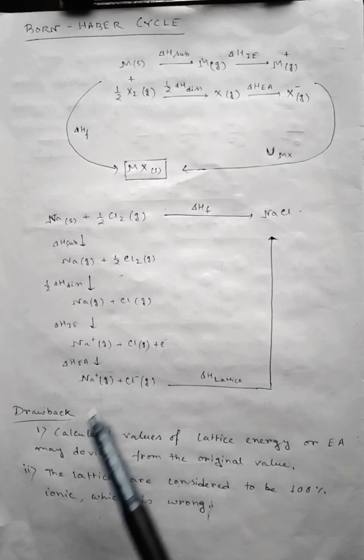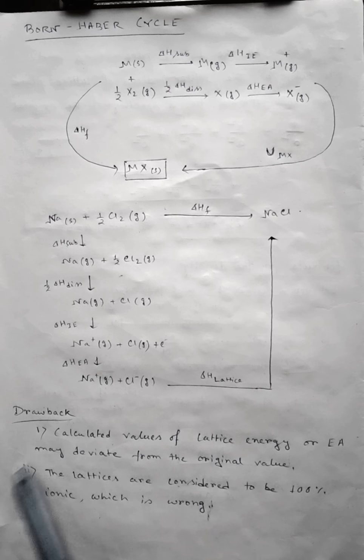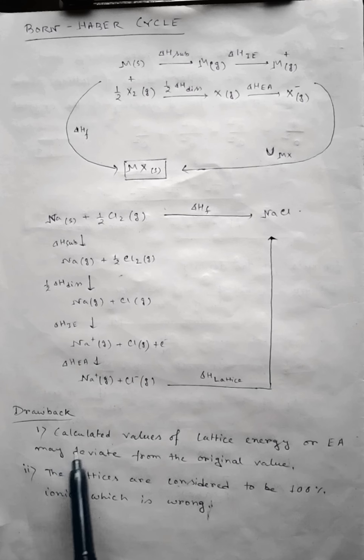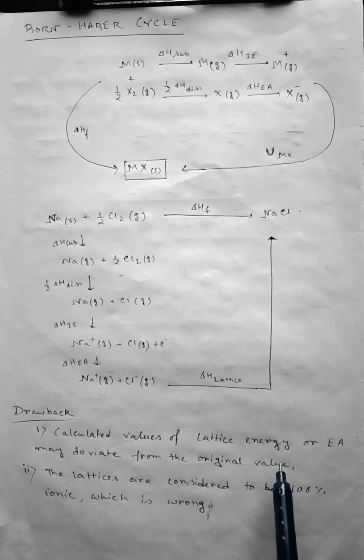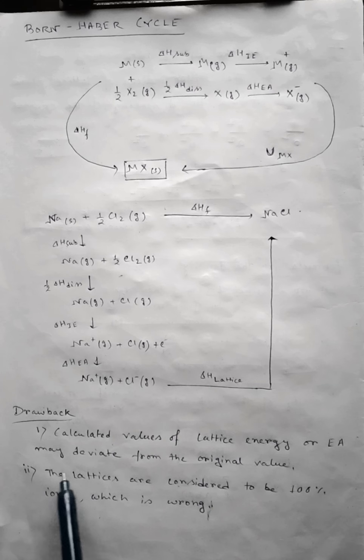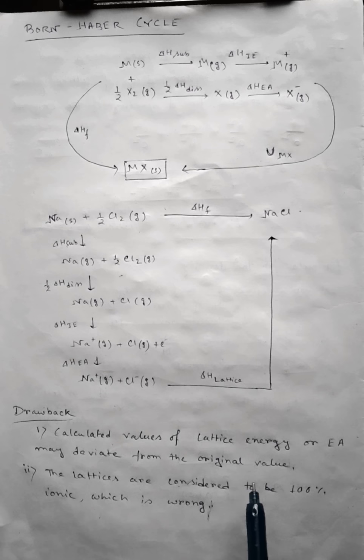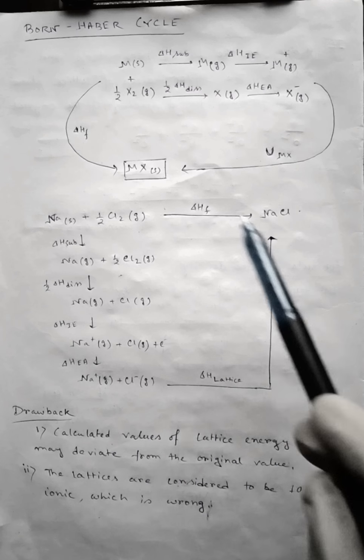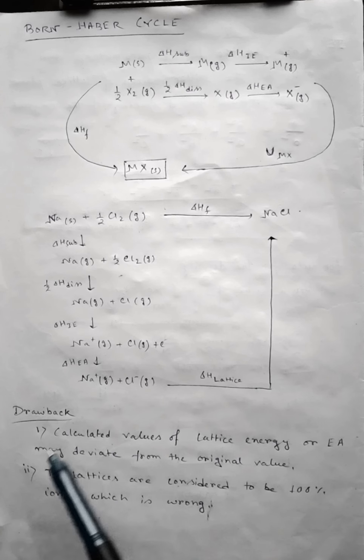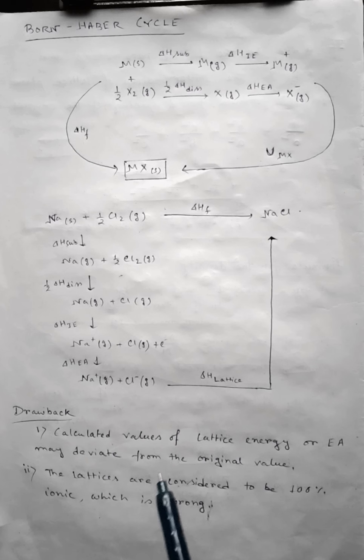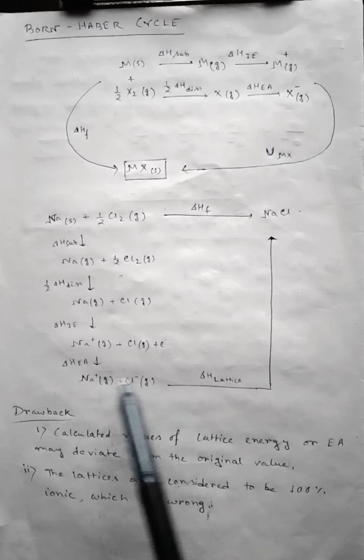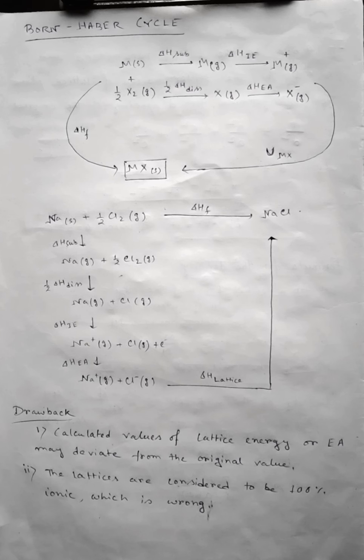Now this system has some drawbacks. The calculated values of lattice energy or electron affinity may deviate from the original value. This is the theoretical part, and the actual value may deviate from this calculation.